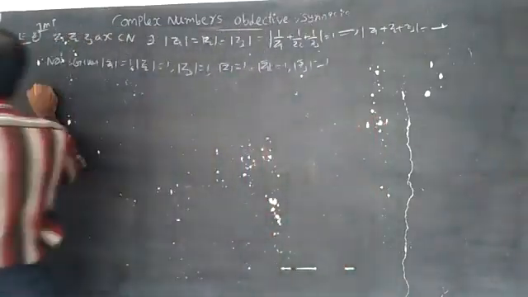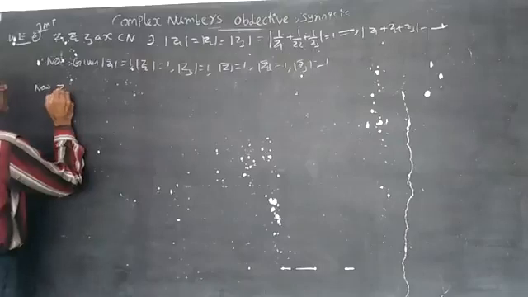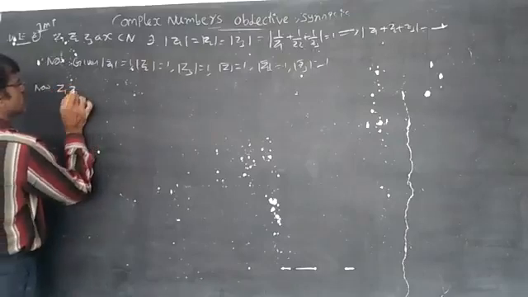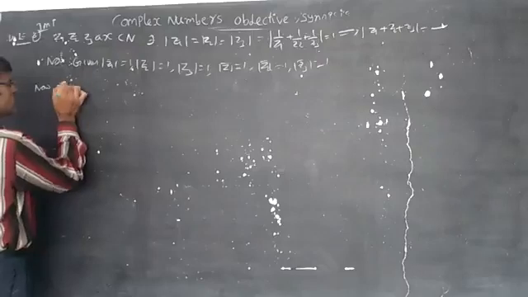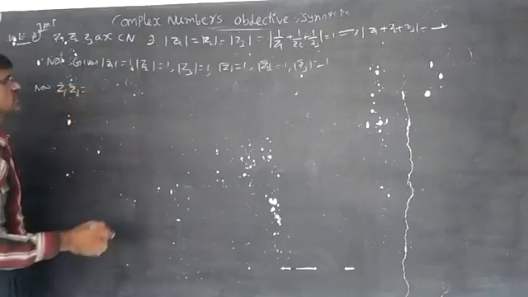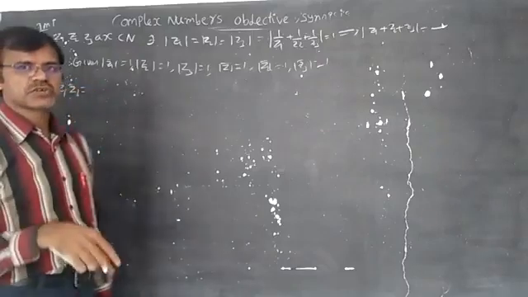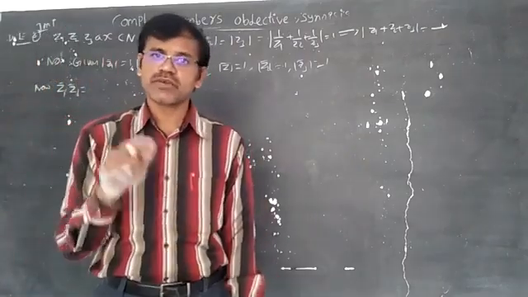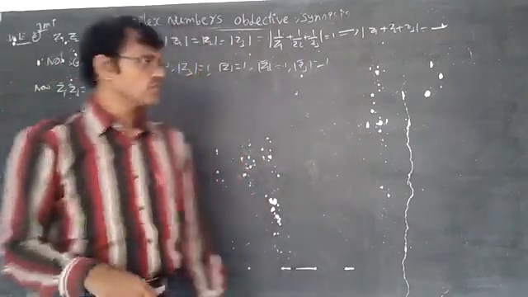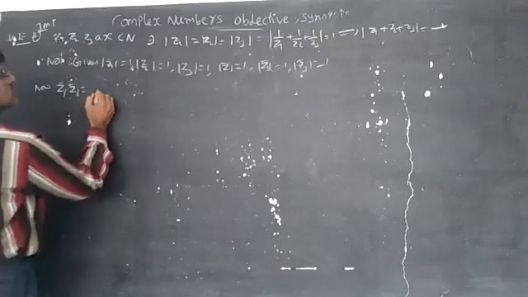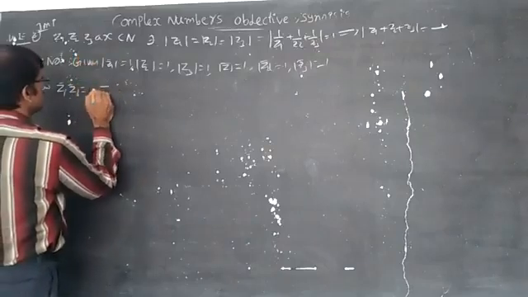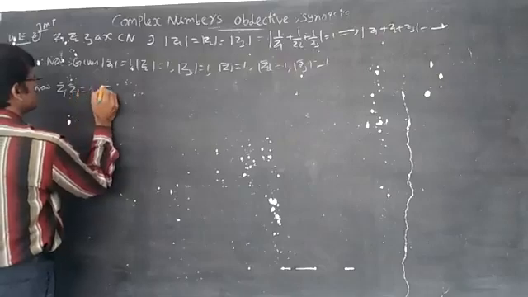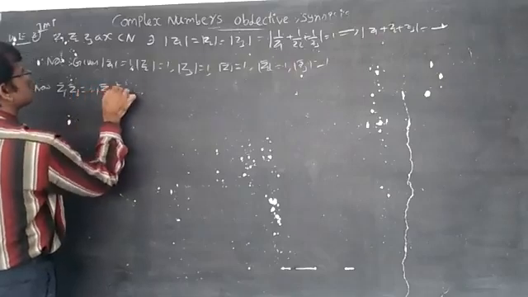Now write like this: z into z bar is equal to mod z square. What is the value of mod z square here? It is 1. So z1 into z1 bar is equal to mod z1 square, which is equal to 1.